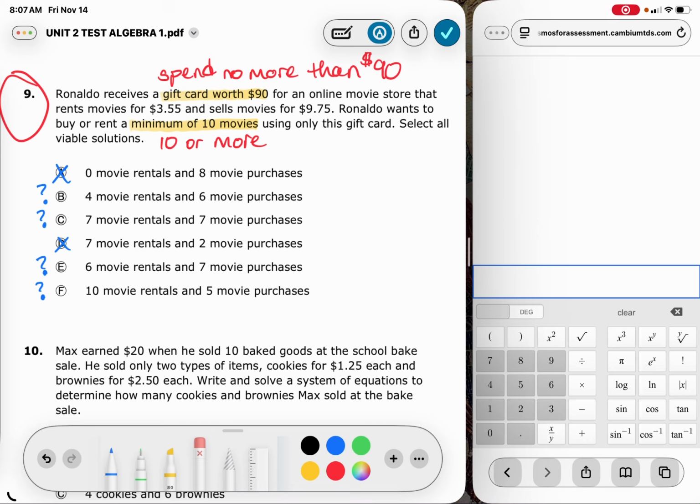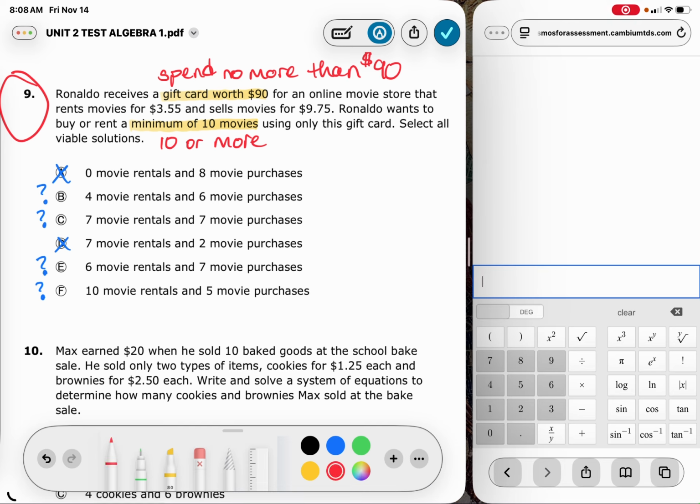Now we have to do some simple multiplication and adding. So for all the movie rentals, whatever number of movies he rented, we're going to multiply that number times 3.55. And for the movies that he purchased, we're going to multiply that number times 9.75. And then we're going to add those together to see if it's less than or equal to $90. Because if it's more than, we got to exclude it. So let me write that down.